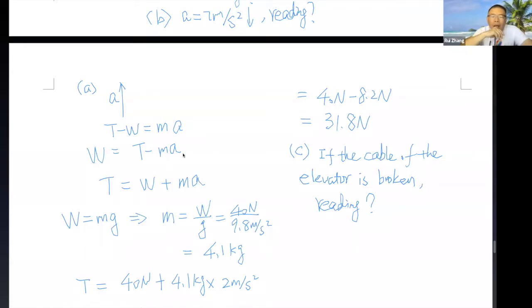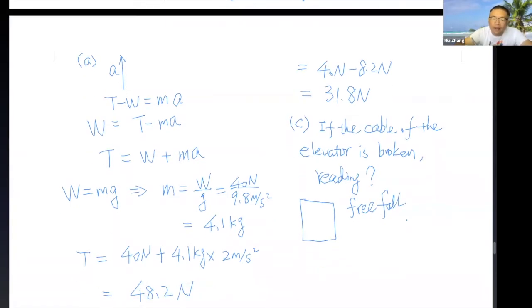But it's probably not good for the woman in the elevator if the cable breaks. So we could think about this in two different ways. One way is to still use the formula we have here. Remember when the cable is broken, what's going to happen is the whole elevator is going to do a free fall motion.